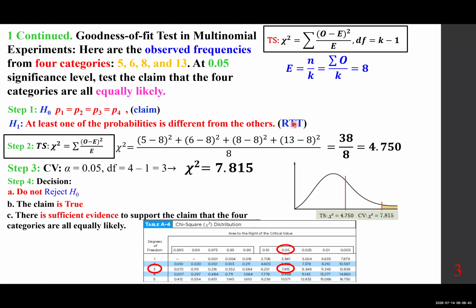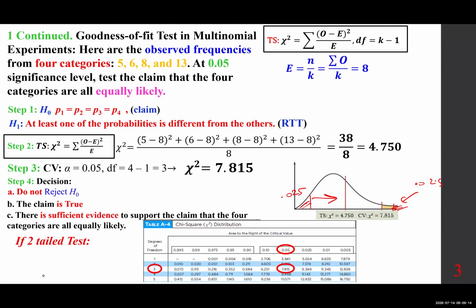Now, just in case, if we assume this is a two-tailed test, that means for one case, the area to the right, where is that? Alpha is 0.05, half of that, so 0.025. Let me just quickly show you. This area is 0.025, and this area is 0.025.